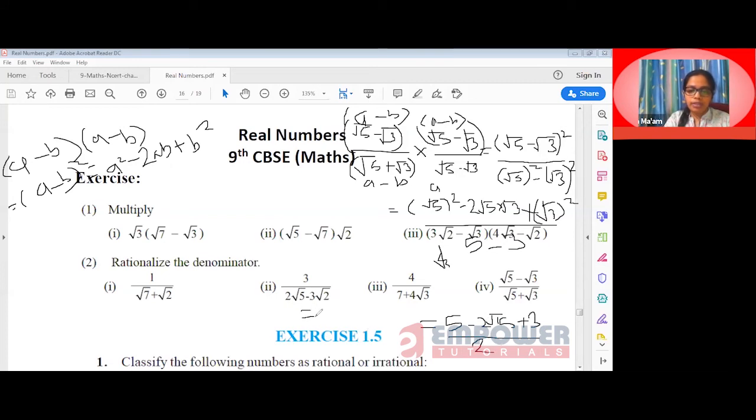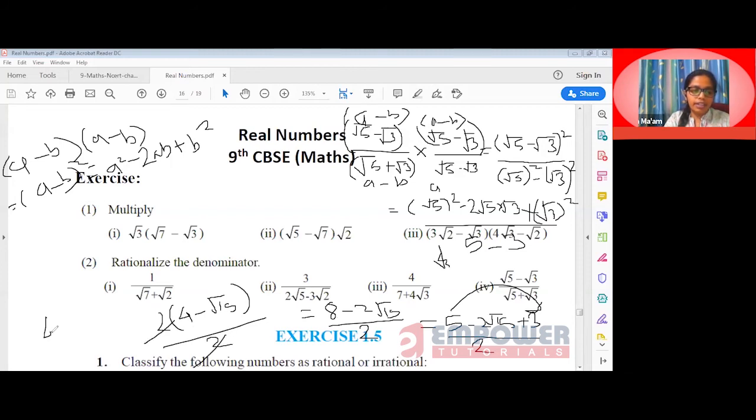I can add rational numbers, no? So this will be equal to 8 minus 2 root 15 upon 2. But here I can take 2 common. So this will be 2 into bracket 4 minus root 15 upon 2, right? So this 2 will get cancelled and I will get 4 minus root 15 as my answer. So the answer of this is 4 minus root 15.